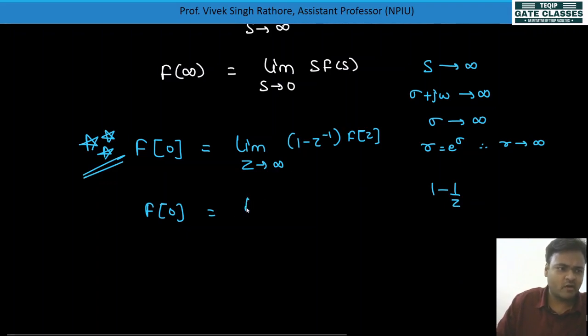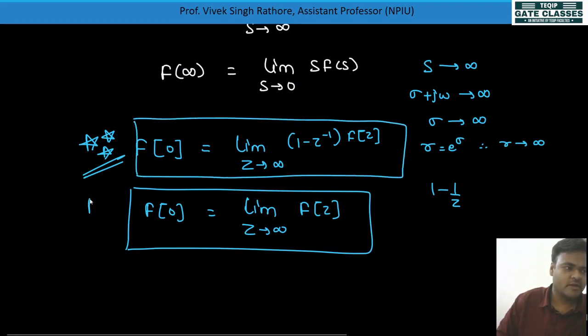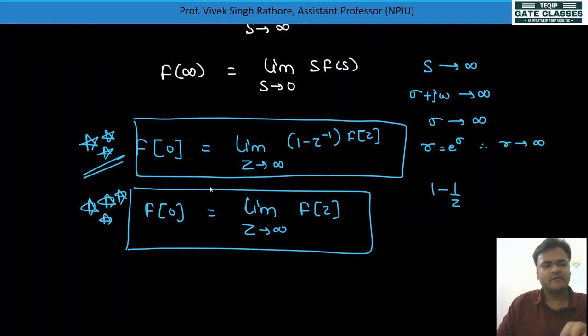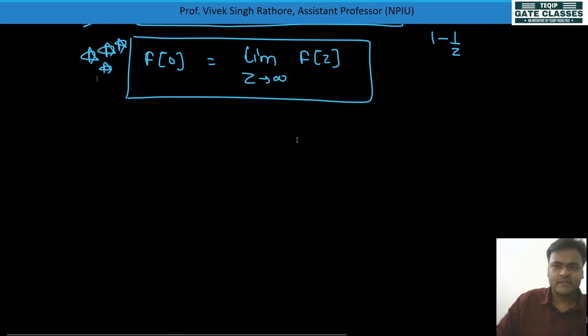So directly, you can write the limit as z tends to infinity of F(z). This value can also be taken as the initial value theorem. Both statements can be written; it depends upon how your expression is. I will tell you one question, then you can understand how we will take it. So this is your initial value theorem.